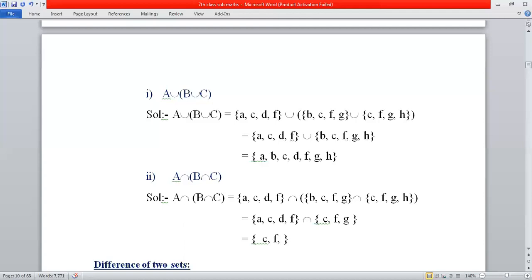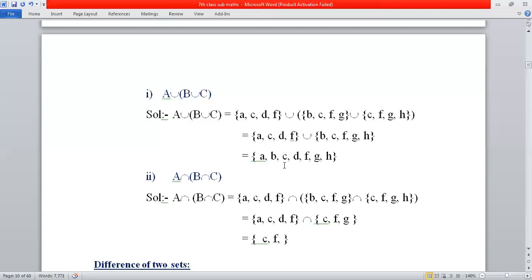Now this answer comes from B union C. Now the first set A, C, D, F, we find union with this one set B, C, F, G, H. So again, union, you know that all the elements of this set and all the elements of this one set. So A we write as it is, B we write as it is, we follow the alphabetical order.